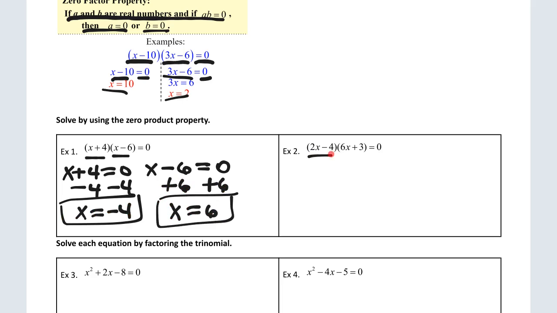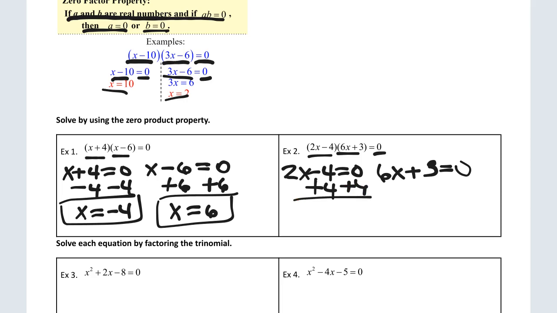In example 2, both factors will be set equal to 0: 2x minus 4 equals 0 and 6x plus 3 equals 0. By doing so, we'll be able to solve for x. Add 4 to both sides of the equation, then divide by 2.